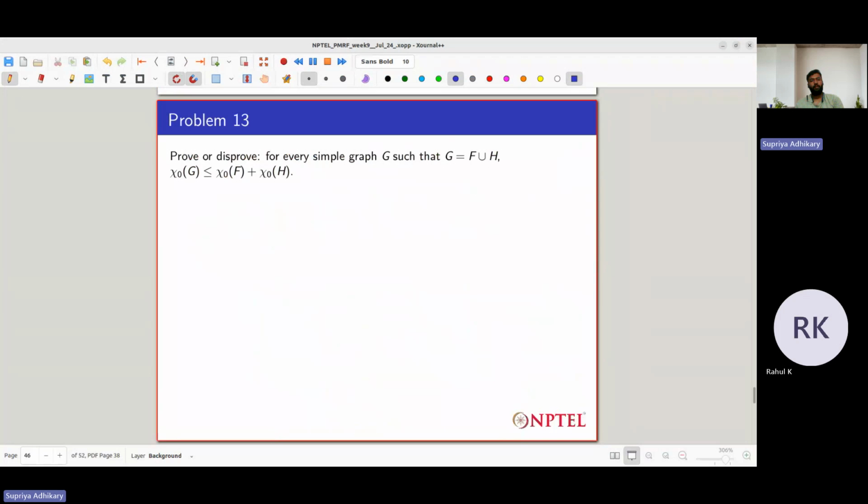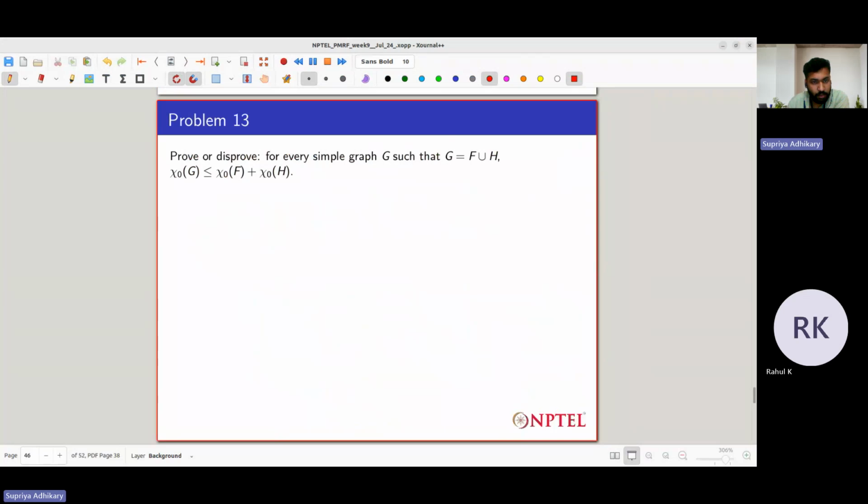So over here in problem 13, we have to prove or disprove that if we are given a simple graph G, that G is equal to F union H, that is F and H are two different graphs, and if we take the union of these two graphs, then the vertex coloring of G should be less than or equal to the vertex coloring of F plus the vertex coloring of H. So we will disprove this with an example.